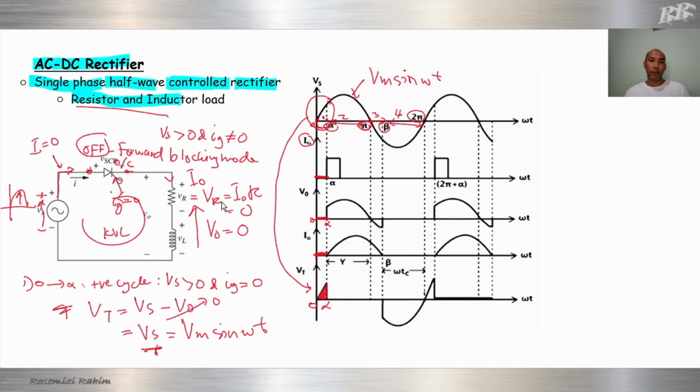Okay, that one is during first section. So now we go to second section, between alpha to pi. Let me erase first.